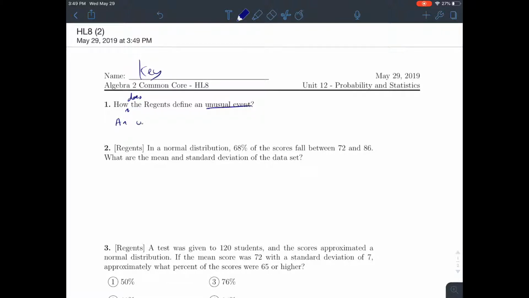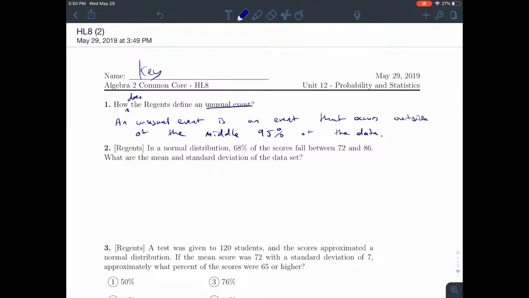So an unusual event, according to the Regents, is an event that occurs outside of the central or middle 95% of the data.